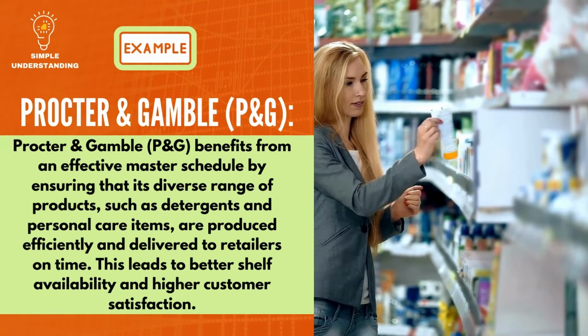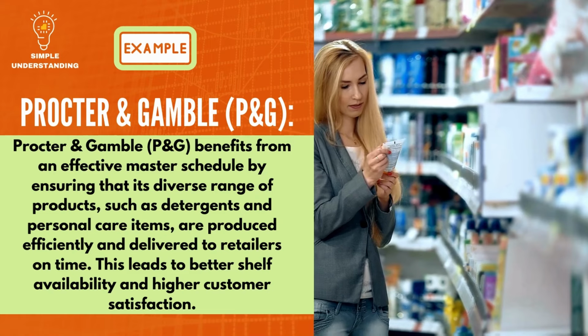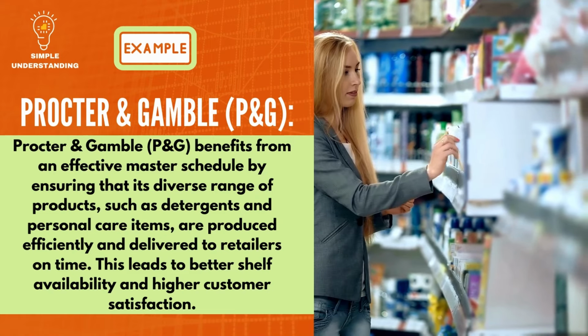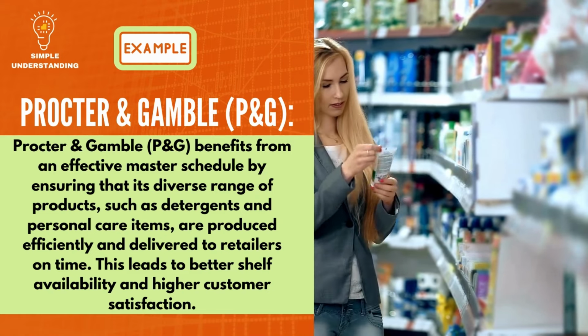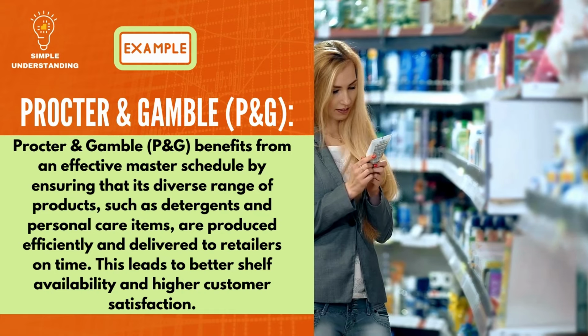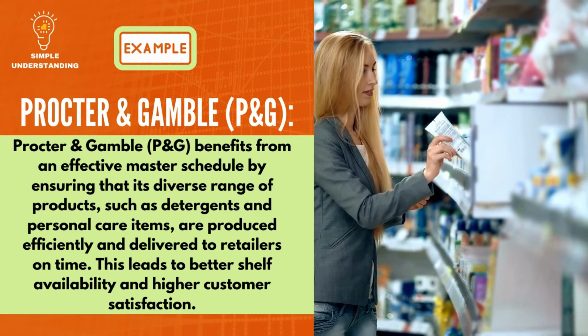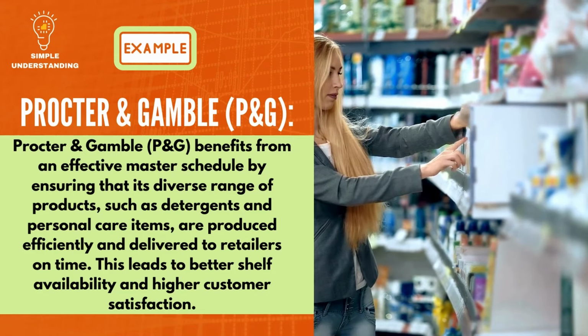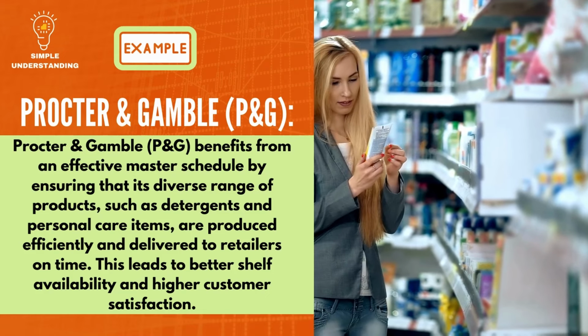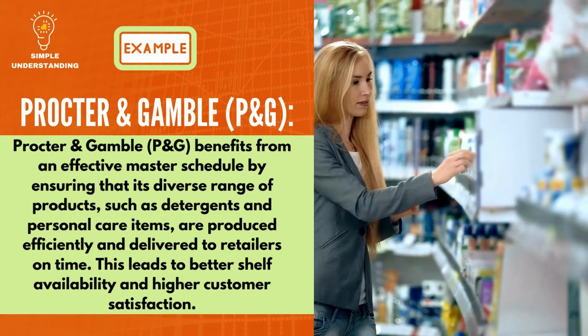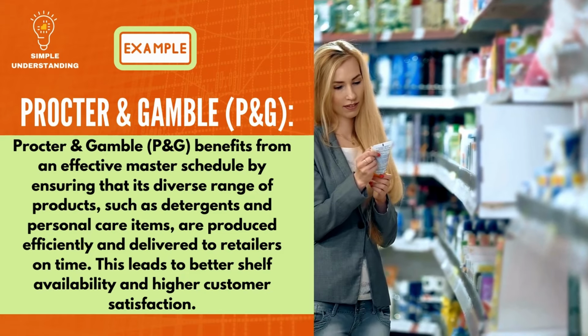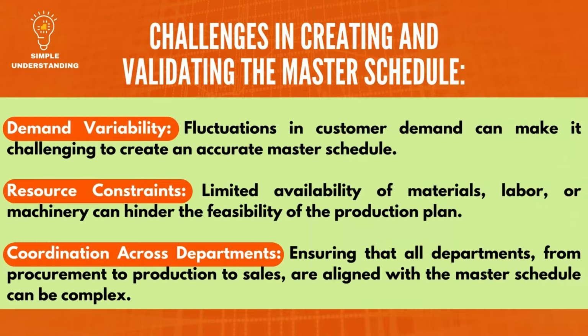Example: Procter & Gamble. Procter & Gamble, P&G, benefits from an effective master schedule by ensuring that its diverse range of products, such as detergents and personal care items, are produced efficiently and delivered to retailers on time. This leads to better shelf availability and higher customer satisfaction. 5.